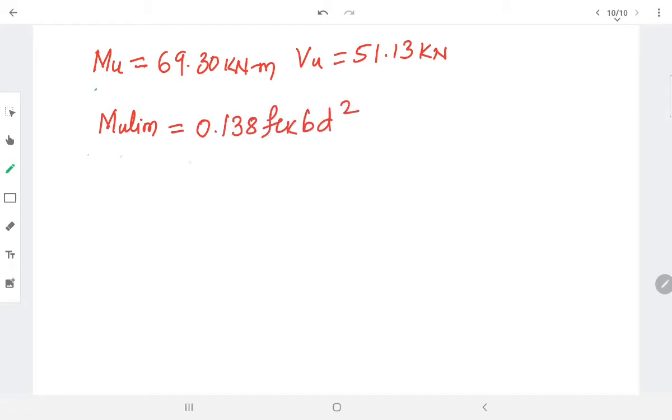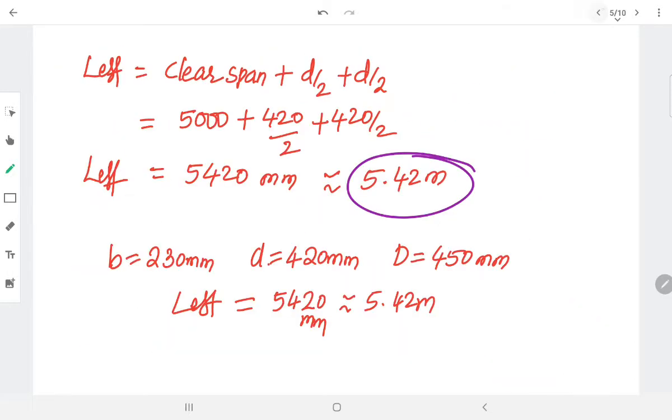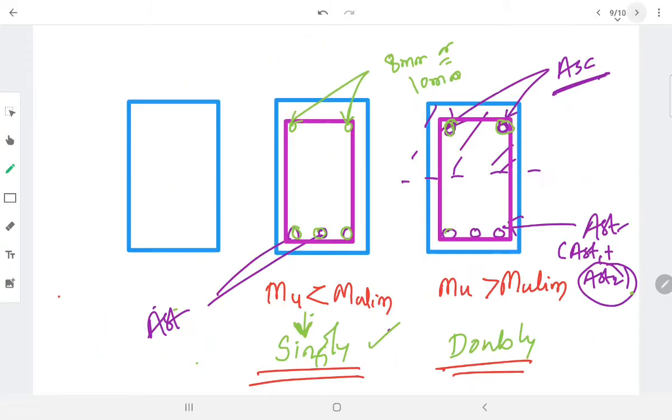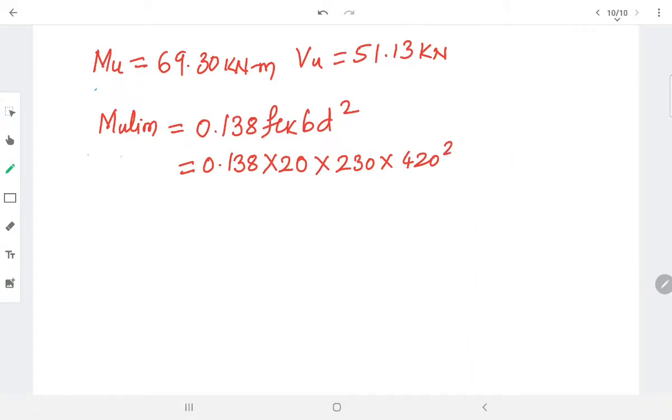I think you know about this equation. So I will calculate 0.138, fck is the grade of concrete, 20, b is 230 mm, depth we got 420 mm. Just go through the previous calculations. Here we have 420 mm, 420 square.